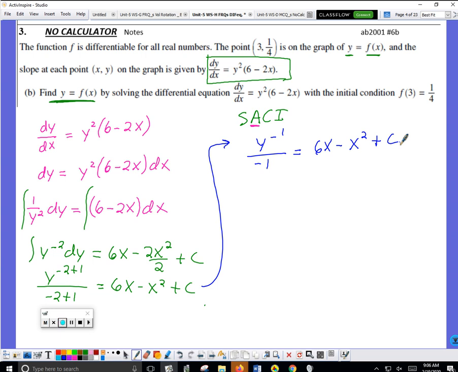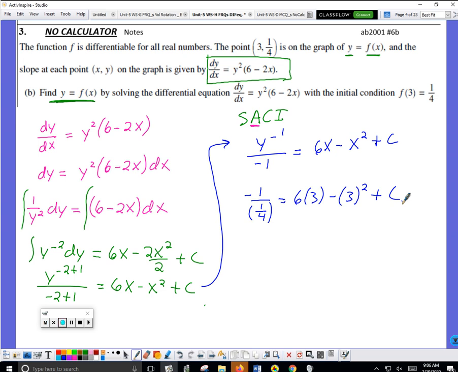Time to constantate. So we plug in x equal 3, y equal 1/4. I'm going to rearrange this. This is really negative 1 divided by y. So that puts in 1/4 right here. 6 times 3, minus 3 squared, plus c. Questions?